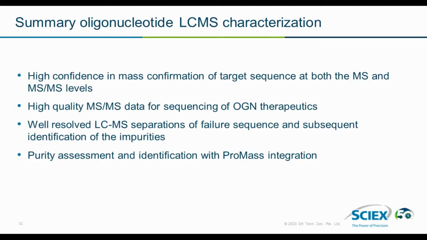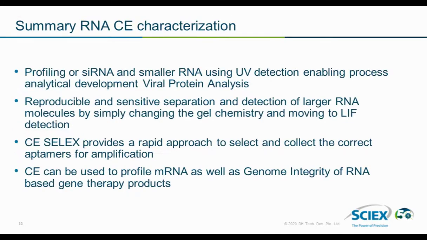The high quality MS-MS data for sequencing oligonucleotides helps with the confirmation of the sequence. And it also provides well-resolved LC-MS separations of failure sequences, which aid subsequent identification of the impurities present in your product. And CIEFs partner with ProMass integration and other software to help with the data processing of your samples.